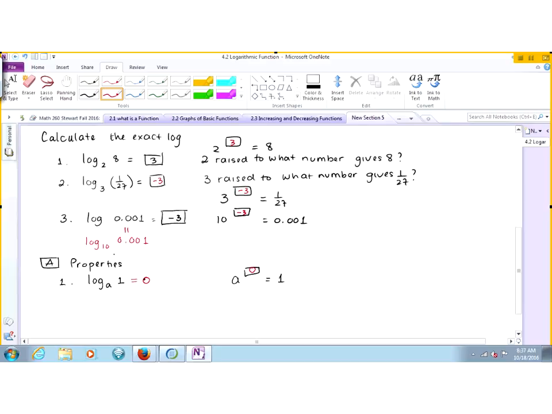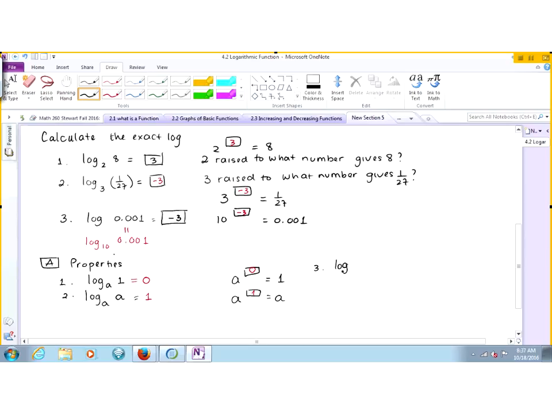So log base any number of 1 is 0. Number 2, log base A of A. A raised to the what gives me A? 1. So this is 1.